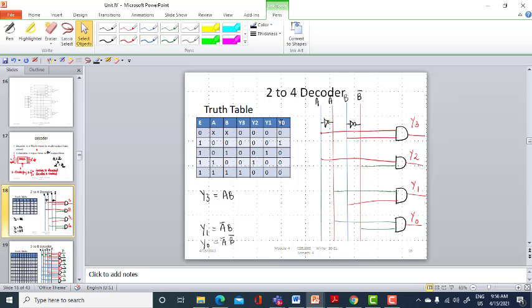Look here, this is equal to the min term. So 0 0 is M0, 0 1 is M1, 1 0 is M2, and 1 1 is M3.